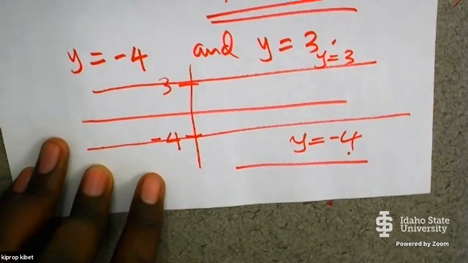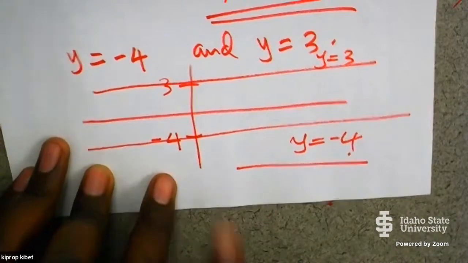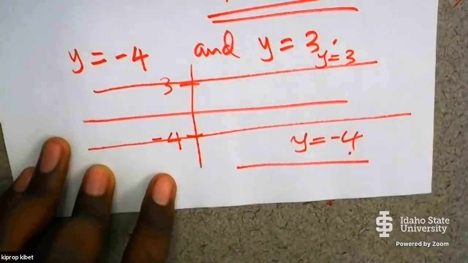There is no change in y. They have the same y, right? So it will be 0 all over a number, and x is changing at every point. So all over 1, all over 2, and that will be what?